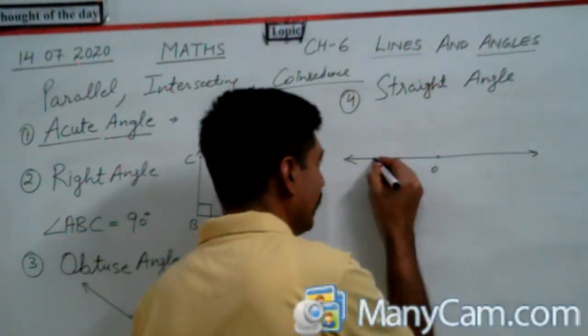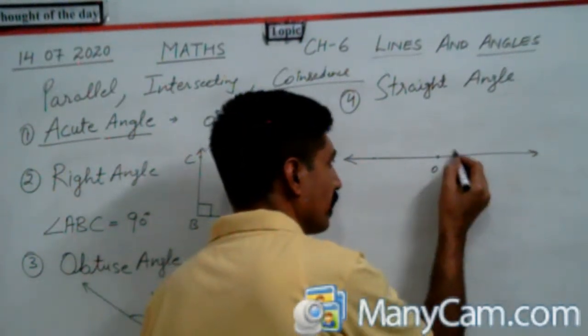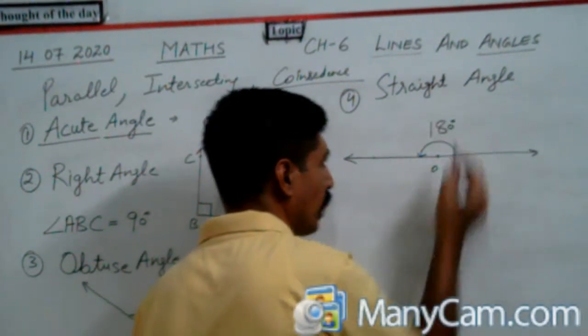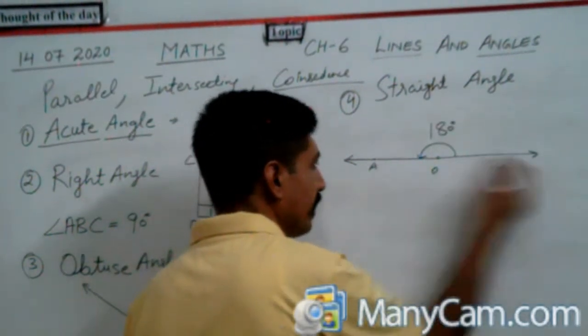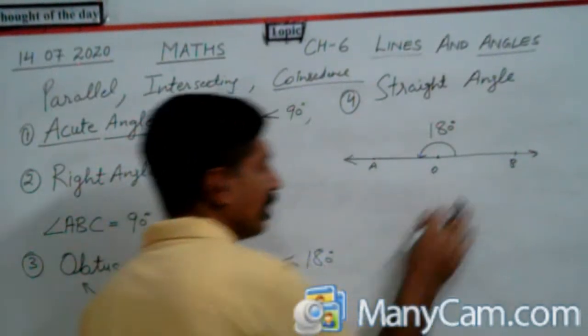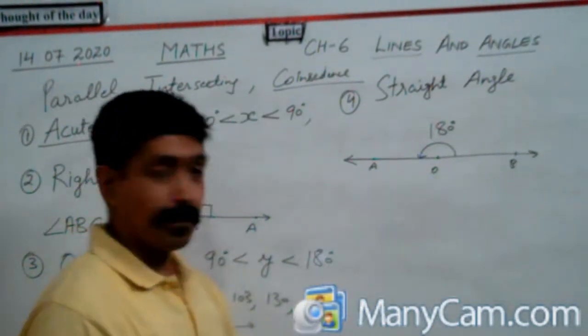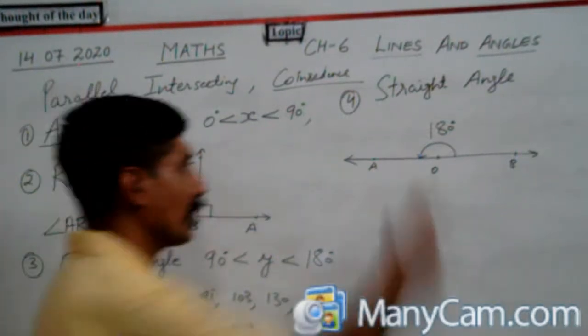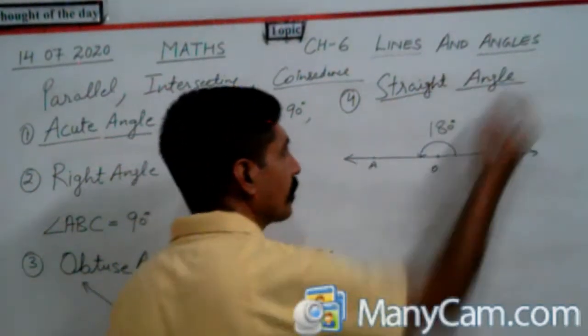If the degree measure of this angle AOB is 180 degree, then we are saying the angle AOB is 180 degree. A 180 degree angle is called a straight angle.